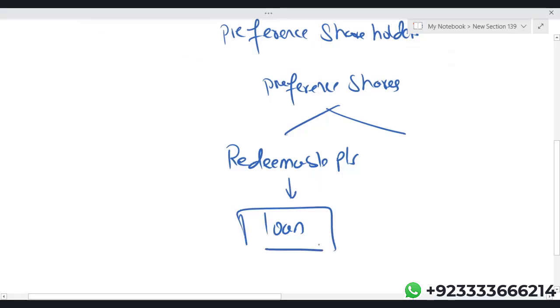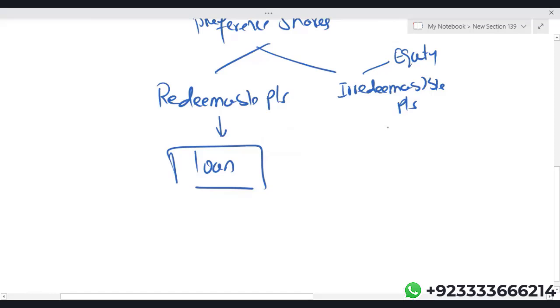On loan, obviously, we pay interest, not the dividend, and interest is already deducted before reaching PAT. The second is irredeemable preference shares. An irredeemable preference share is treated as equity and dividend is paid to the equity holders.